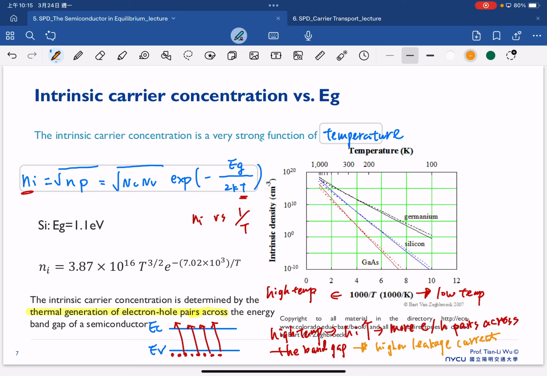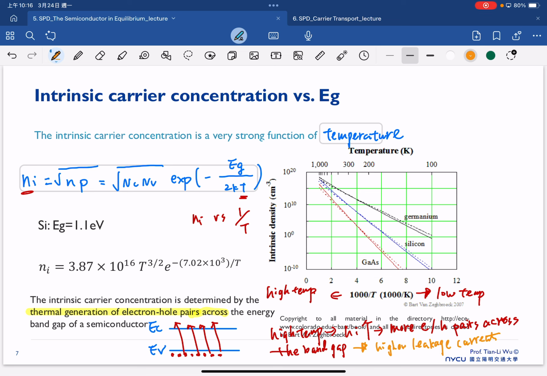That's why I want to bring the conclusion as early as possible to everyone: this equation just tries to support our observation that our semiconductor material's leakage characteristic is highly dependent on temperature.